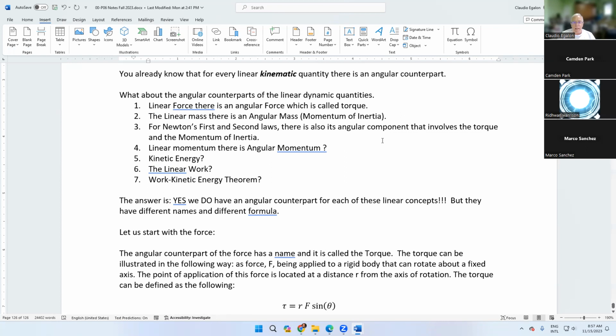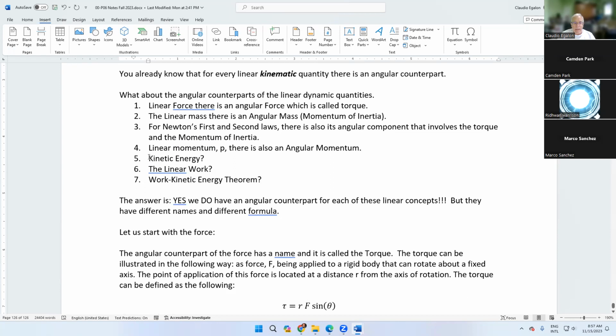We're going to cover that. For the linear momentum, let's call it P, there is also an angular momentum. No need for the question mark anymore.